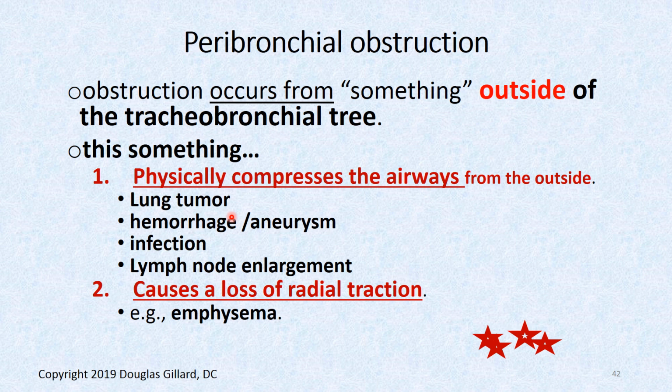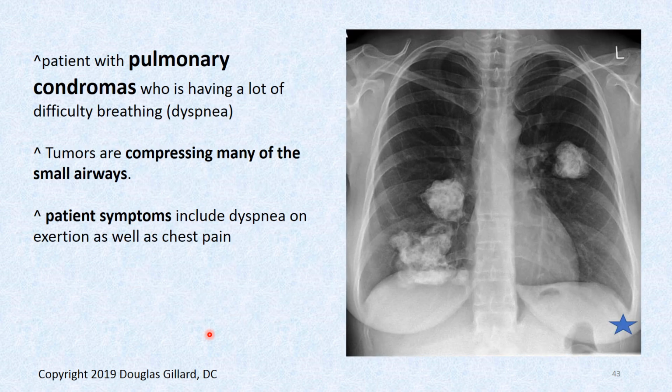Or if you get a hemorrhage in the lung tissue, or anything that squishes the lung tissue from the outside, like an enlarged lymph node or an infection outside. Or, as we already talked about, if you have a disease that rips up the parenchyma of the lung and you lose that radial traction, you take a breath and your tubes are going to collapse.